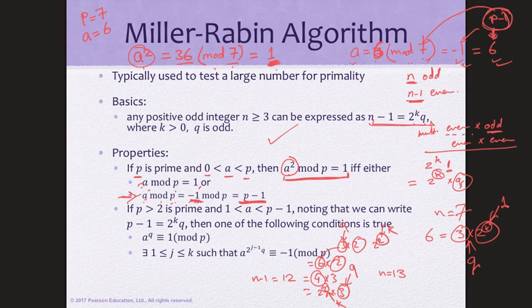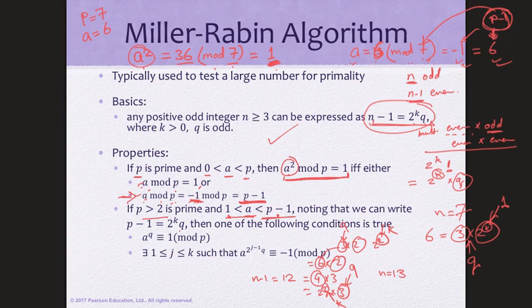The other property is a little bit more complicated, and it says that if p, greater than 2, is a prime number, and a is greater than 1 and less than p minus 1, so that's an integer in that range, and we notice that we can write the prime number using this formula because the prime number is always an odd number, so p minus 1 is equal to 2 to the power k times q.